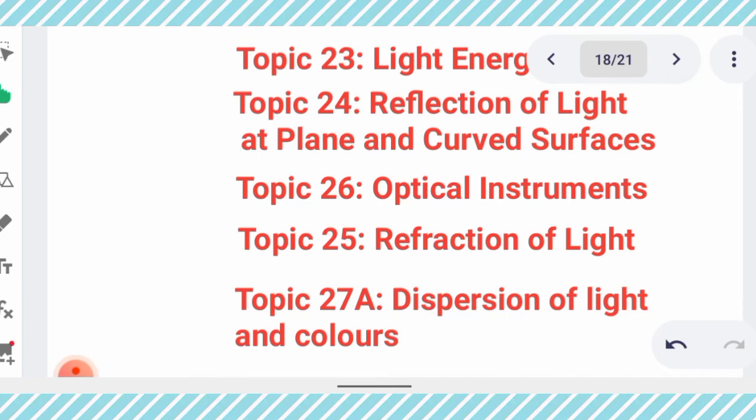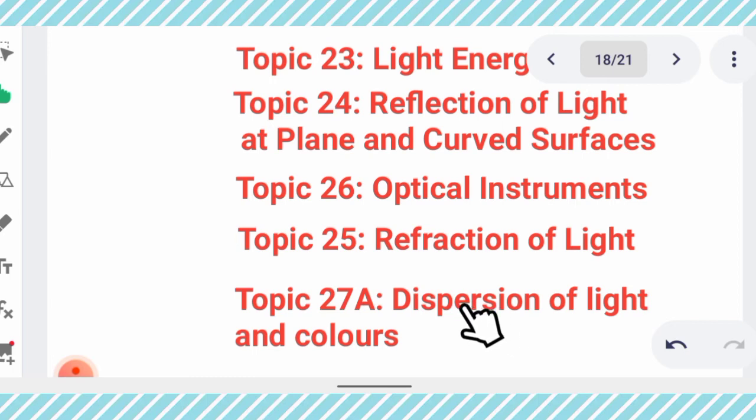Then here we talk of light energy, which is also known as optics. Reflection of light at plane and curved surfaces, optical instruments. Refraction of light, dispersion of light and colors. Under the dispersion of light and colors, we have primary colors and we have secondary colors.